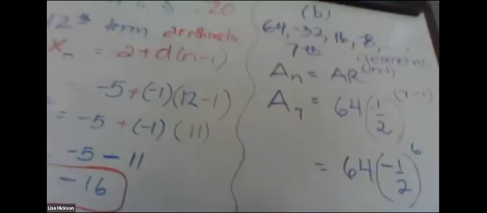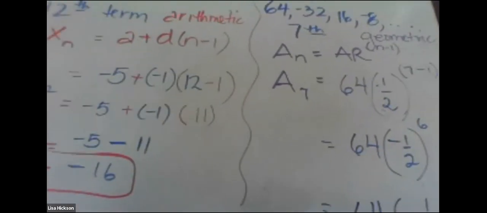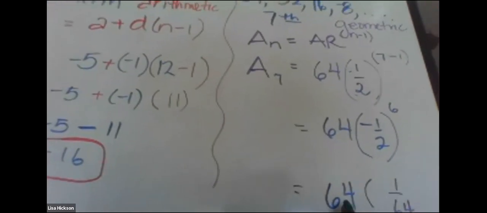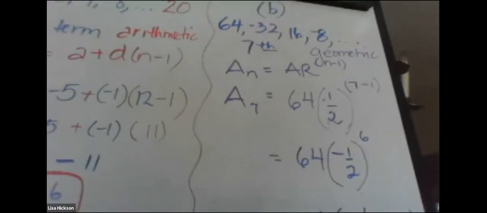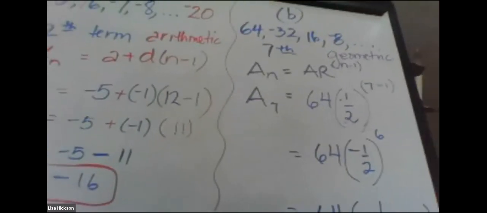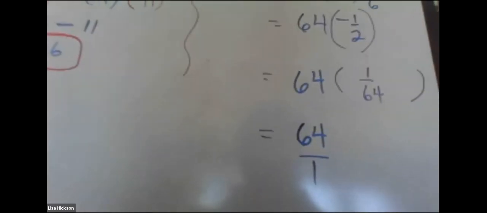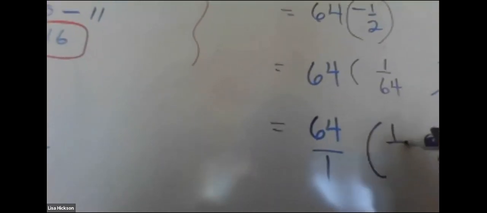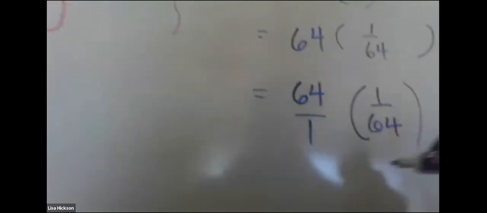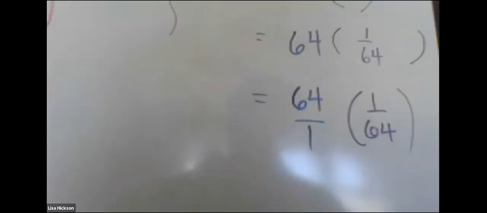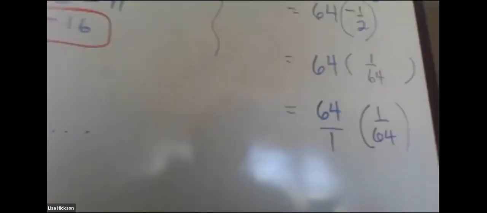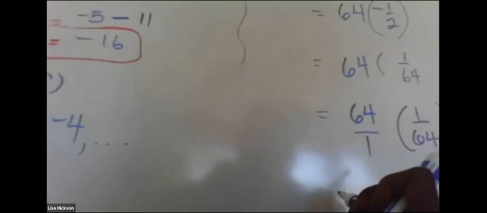A 1, and it won't change the value. So now you have a fraction times a fraction, because when things look alike, it's easier to work with them.